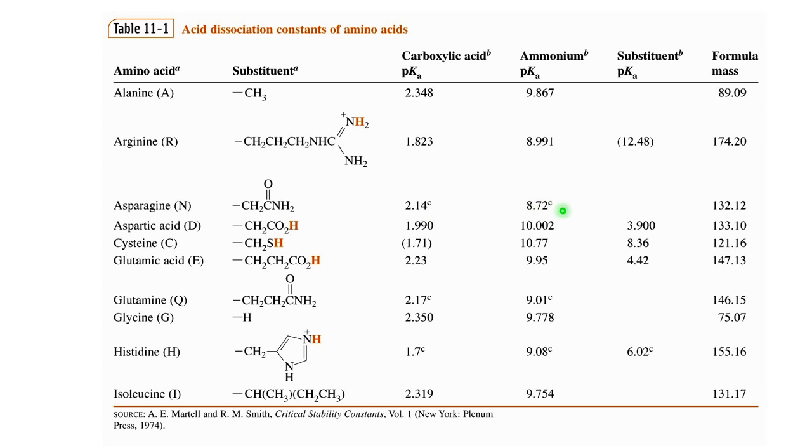Asparagine, again, a substituent group. With aspartic acid, we have 2 carboxylic groups, because our substituent has a carboxylic group, so we have 2 of them, and we have ammonium. Cysteine with SH group can dissociate at 8.36 here. Glutamic acid, again very famous, has two carboxylic groups and one ammonium, and so on.